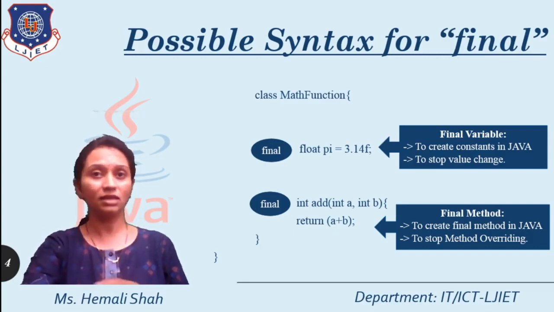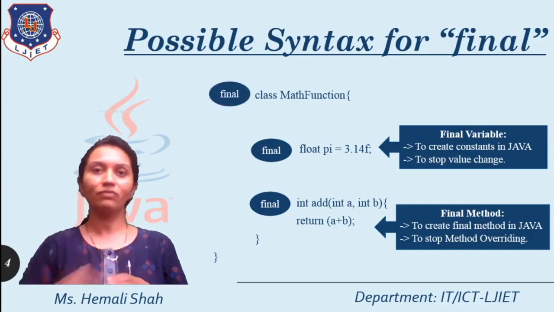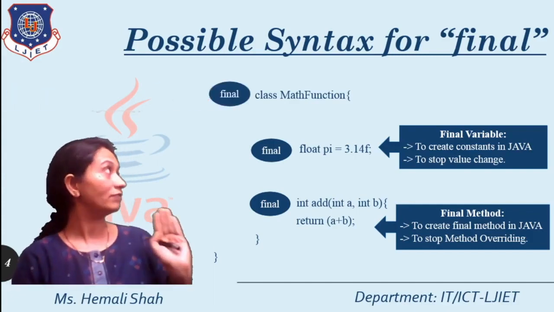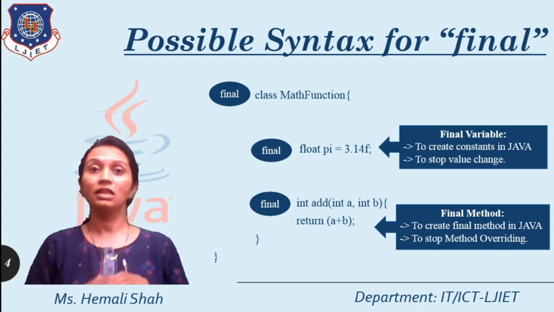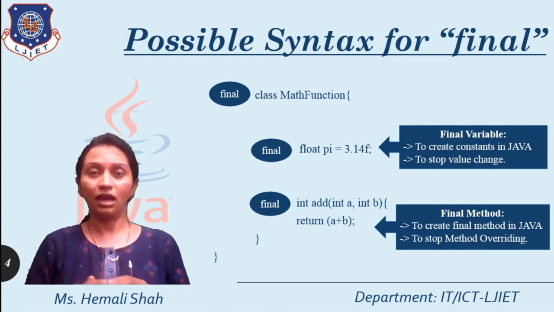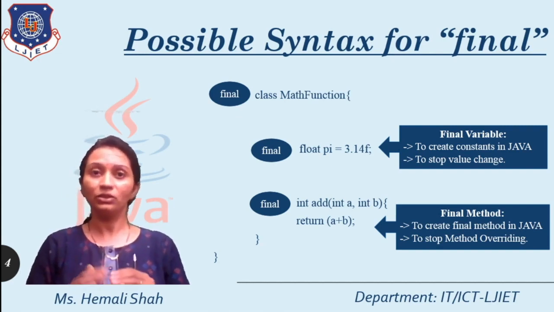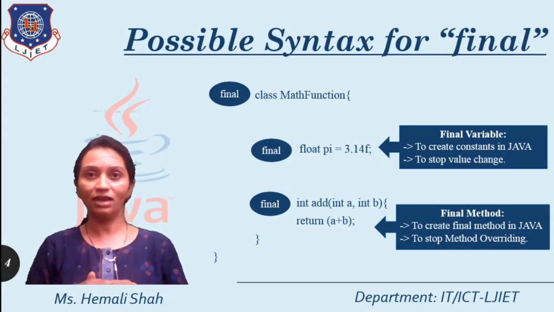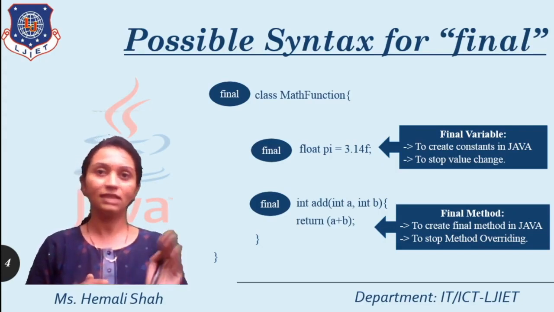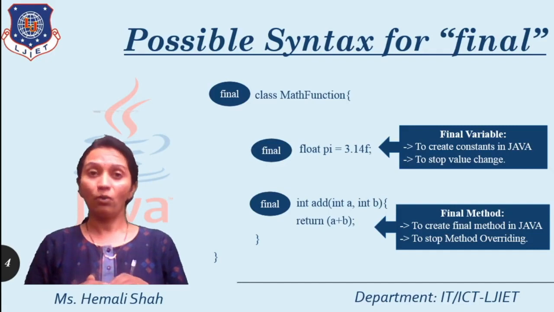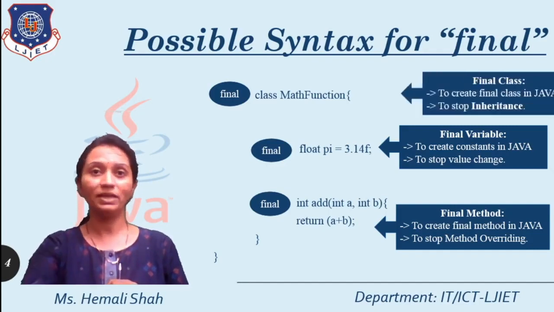Now the third thing, the syntax of final is at the time of declaration of a class. At the time of declaration, you can use this final modifier: final class, then the class name. Now what is the use of this final class? To stop inheritance.